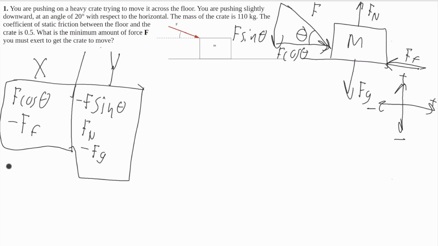So in the x, we can say that F equals ma. And now we have to decide what this acceleration is going to be. Well, it asks us what is the minimum amount of force, this vector here, that we can exert to get the crate to move. What this tells us is that the acceleration has to be greater than zero.